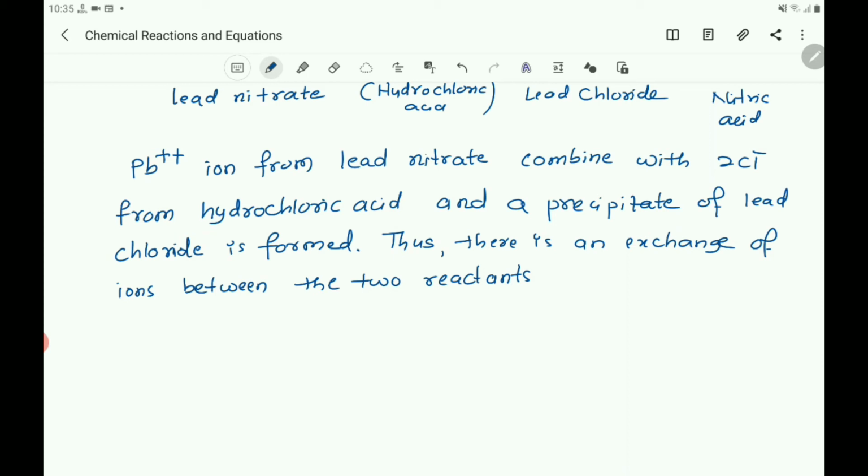The reactants here are lead nitrate and hydrochloric acid.